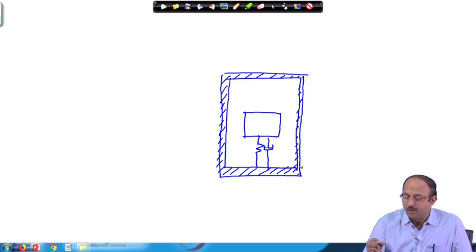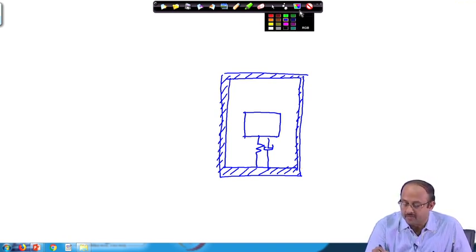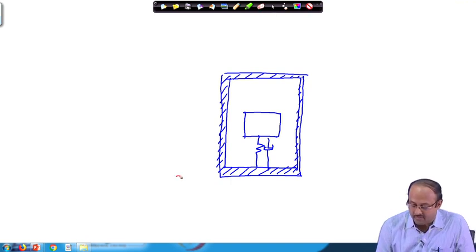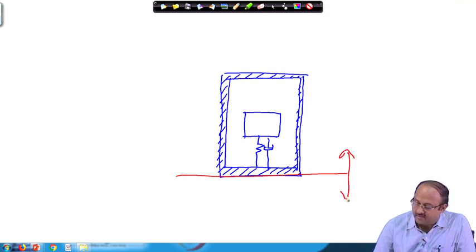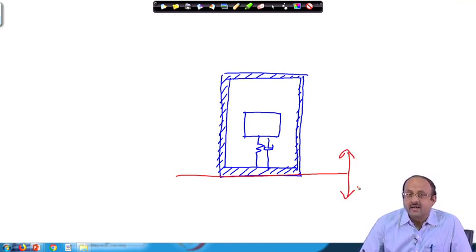Now, suppose this box is vibrating. Let us say that it is resting on a table and this table is vibrating with some excitation.